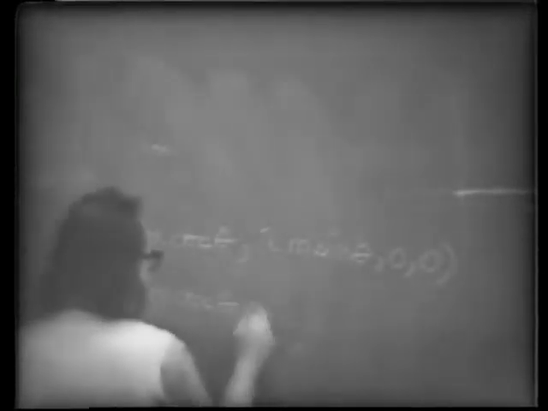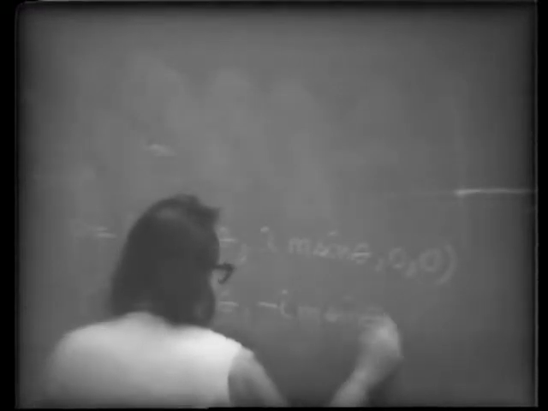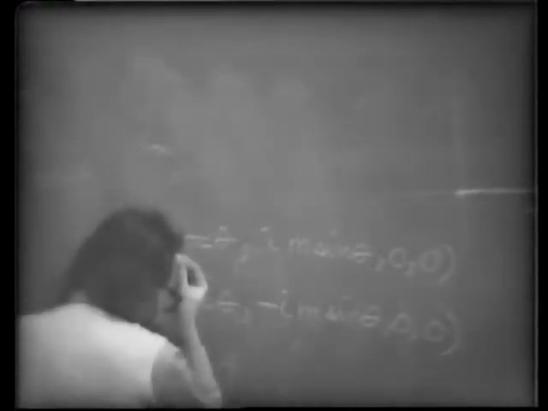P prime, I'll choose to be m cosine theta minus Im sine theta, 0, 0. That's certainly pseudo-Euclidean, and of course Q is therefore pseudo-Euclidean. Q squared equals, the I cancels the metric, the I and the vector component cancels the minus sign in the metric.